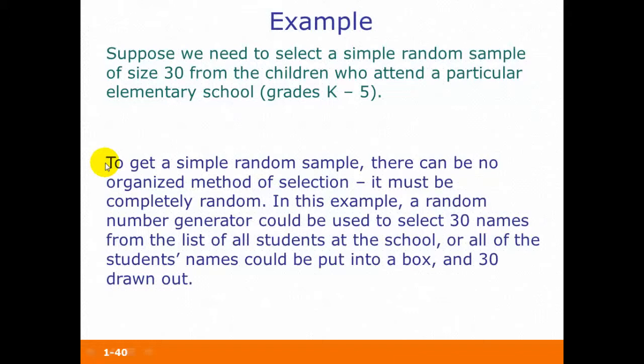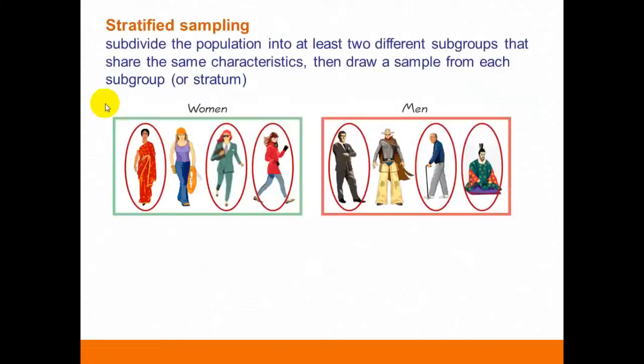It has to be completely random. In this example, we could use a random number generator to select 30 names from the list of all students at the school, or another way to get a simple random sample is to put all the students' names into a box and draw out 30 names.